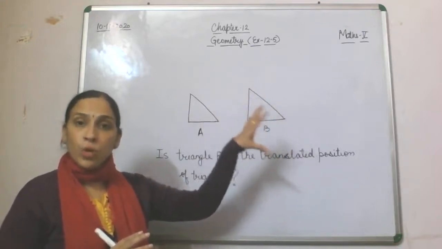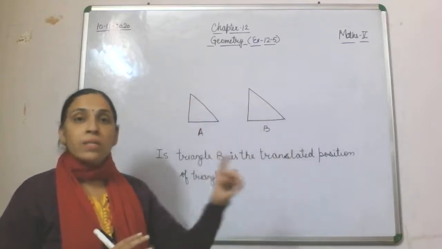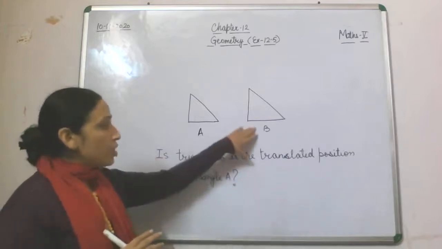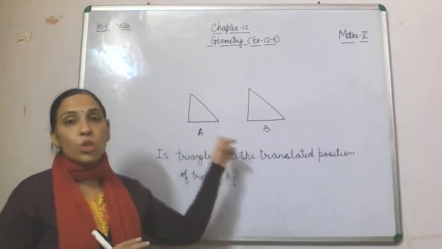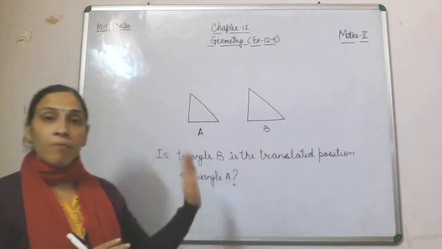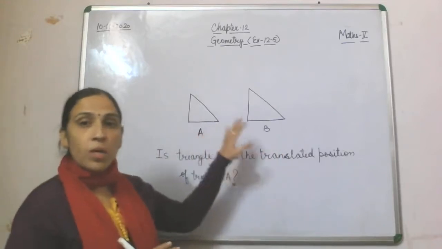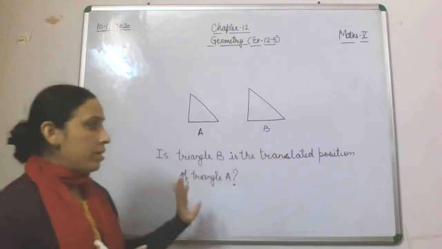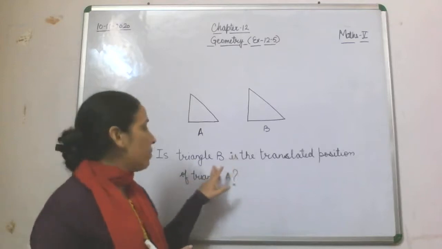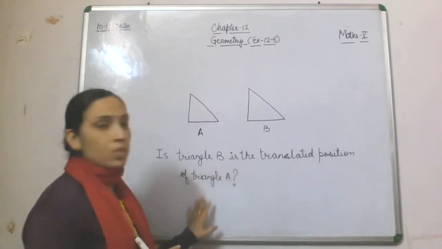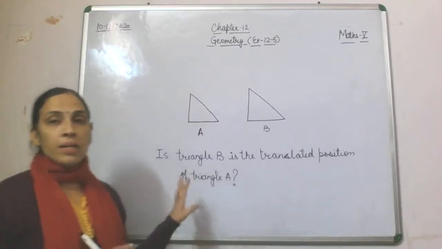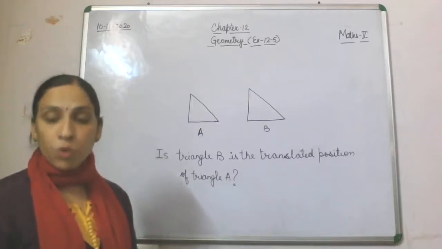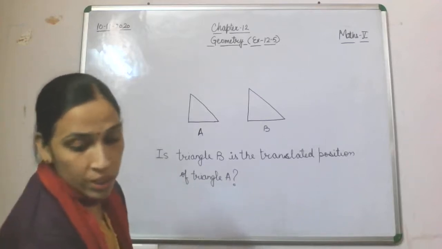If it covers triangle B completely, then I am going to say yes, position B is the translated position of A. If it will not cover, if it is smaller or anything else, then I'm going to say no, triangle B is not the translated position of triangle A. Hopefully you will be able to understand the concept of translation of 2D shapes.